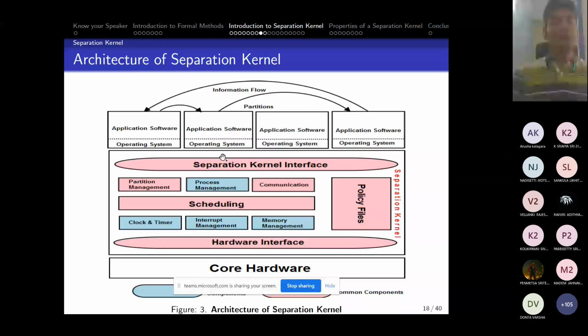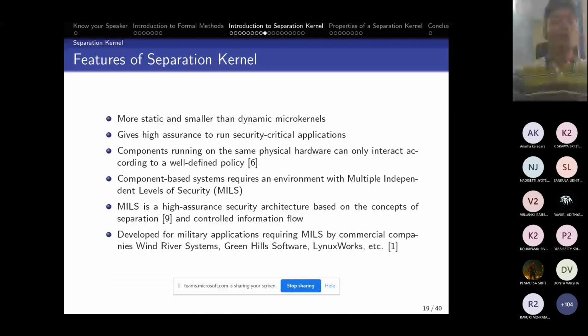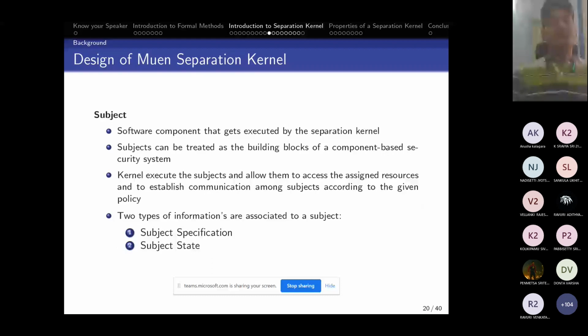And in separation kernel, there is a term called policy file. So basically, what we can do is write a policy file. For example, in a general operating system, if you have n number of programs to execute, then you don't have control over which program will be executed first and which program will be executed next.